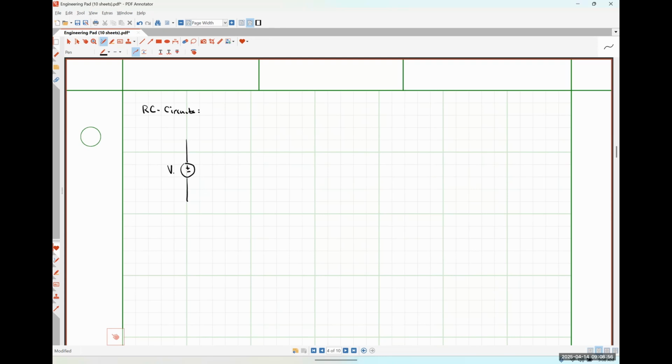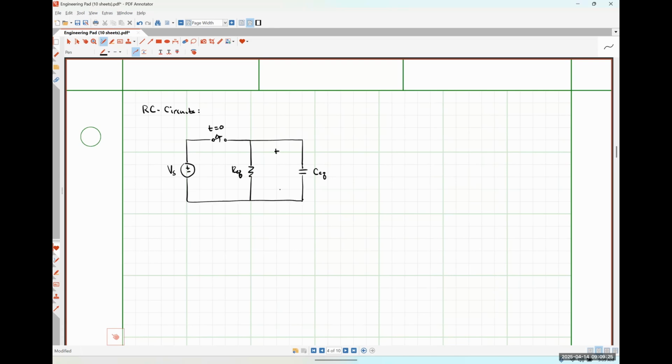I've got some voltage source Vs, a switch that's opening at t equal to 0, and over here I have some resistance REQ connected to some capacitance CEQ like so.